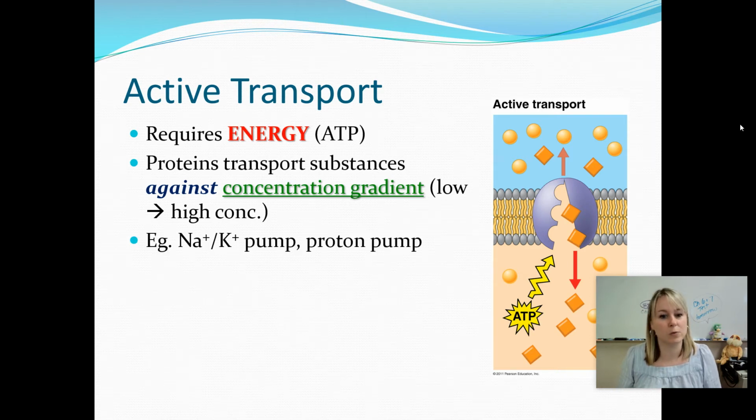Now, why would you want to push things to a side where they don't want to go? A good example of this is our sodium-potassium pump, and this is how we create gradients. You can push a whole bunch of molecules to one side of the membrane. They want to go back in, and you're going to let them back in, but only when you say so, which will create or allow the cell to do work.